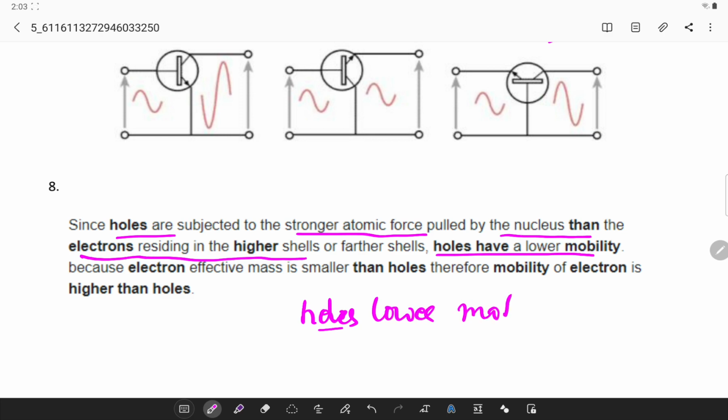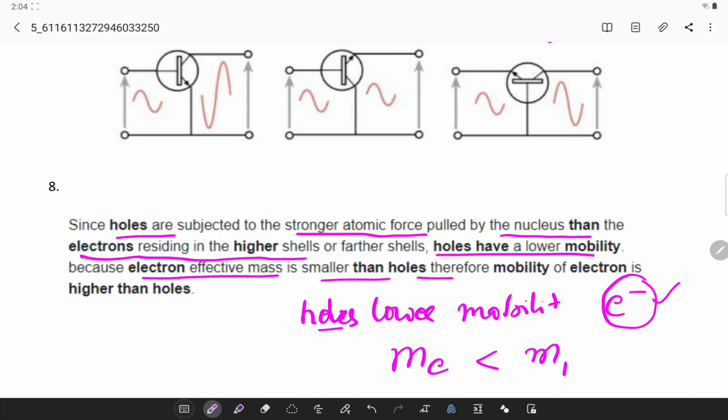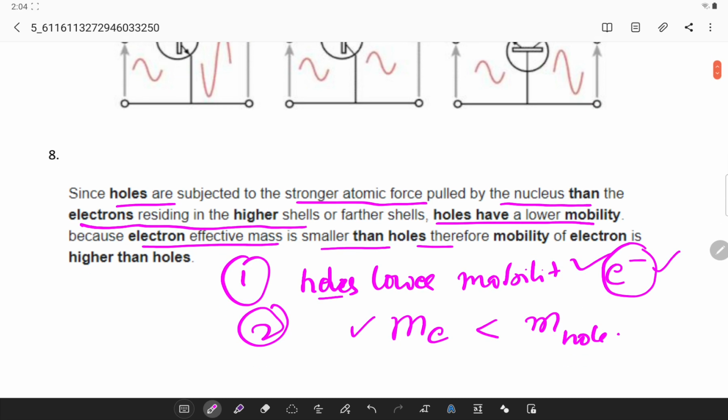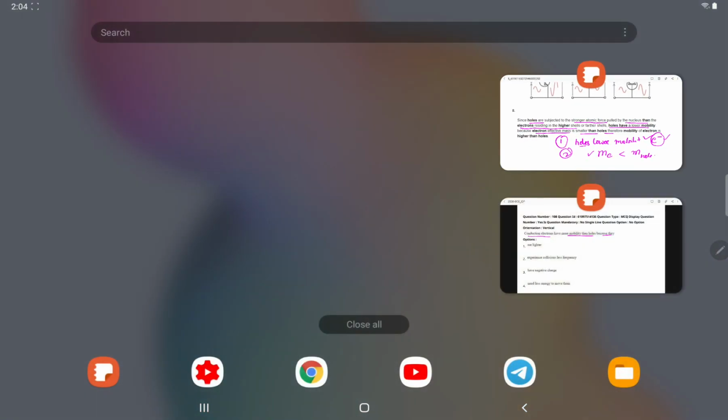This is a very important point you have to remember, compared to electrons, because the effective mass of electron is less than hole. So the student here has to remember two points. Hole mobility is lesser than electron, and the effective mass of electron is less than holes. Okay, so now let's get back to the question.